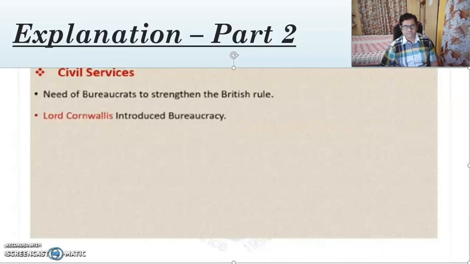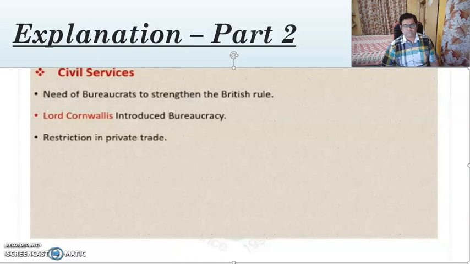So, Lord Cornwallis introduced bureaucracy. Now, bureaucracy is a system of administration of government, how the government works. So, Lord Cornwallis laid the foundation of British rule throughout India, and civil services became an important part of the British rule.